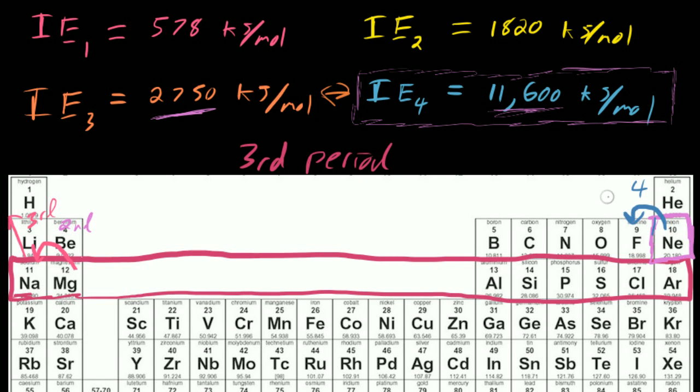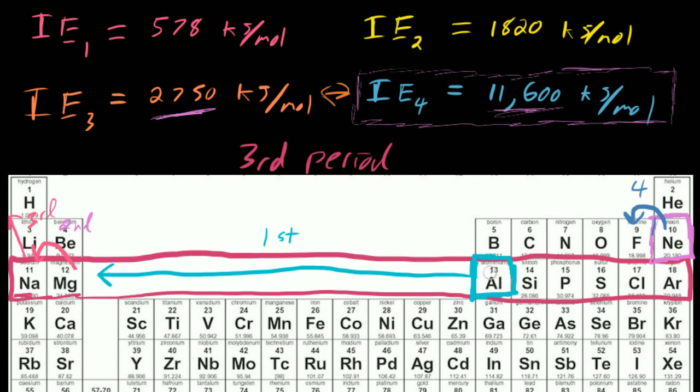And then this one, a nice long arrow from aluminum to magnesium, is going to be our 1st ionization energy. So the element that we are looking for in the 3rd period is going to be aluminum.